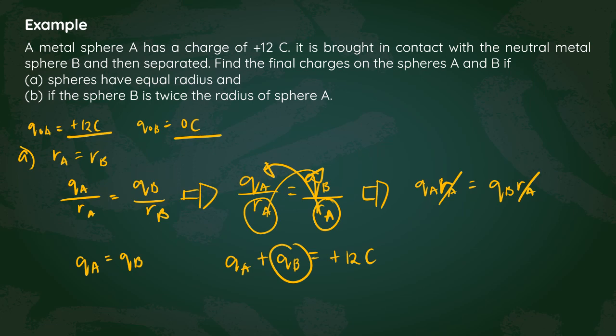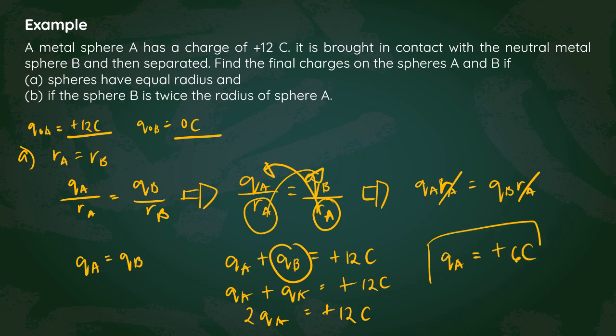Since QB is equal to QA, as we have established, QA plus QA is equal to positive 12 C, which is 2QA is equal to positive 12 coulombs. Therefore, QA is equal to positive 12 coulombs divided by 2, so QA is equal to positive 6 coulombs. And since QA is equal to QB, QB is also positive 6 coulombs.